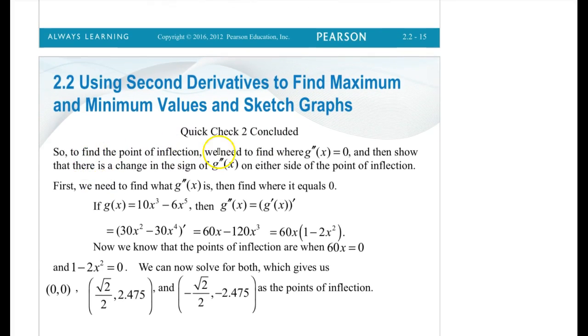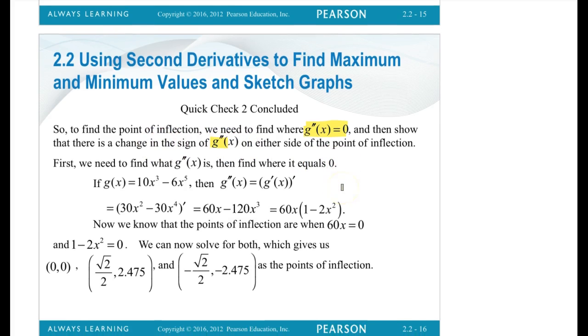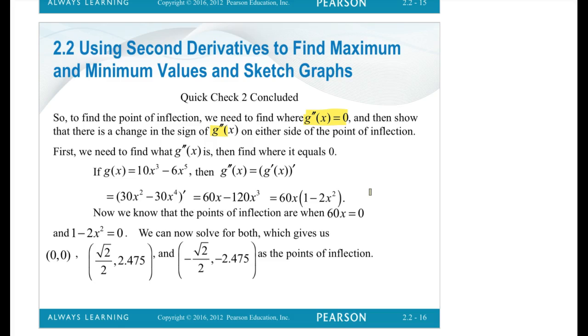To find the point of inflection, we need to find where g double prime is equal to 0, and then show that there's a change of sign, meaning that it went from a negative to a positive, meaning it went from concave up to concave down. That's what we mean here when we say change of the sign of the second derivative. We're really looking to see if it changes concavity.